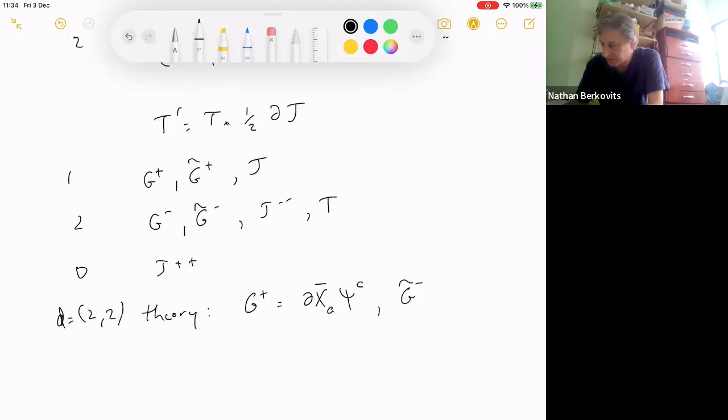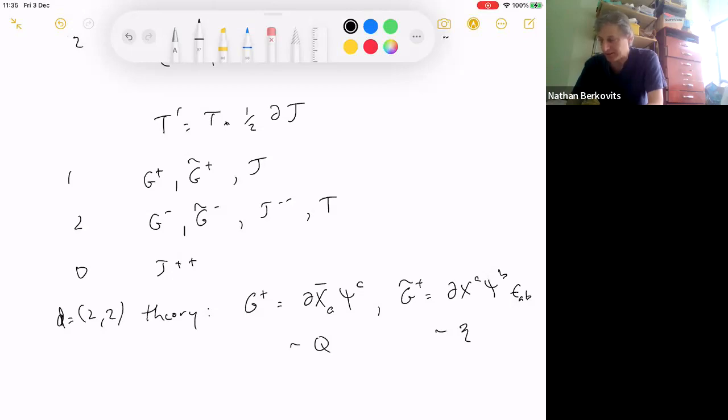G tilde plus is equal to dx a psi b epsilon ab. So this is what I said was supposed to play the role of Q, and this is what I said was supposed to play the role of eta. And if you use these operators in the superstring field theory I wrote down before, just plug in Q for G plus, you get, as I said, the Donaldson action for self-dual.